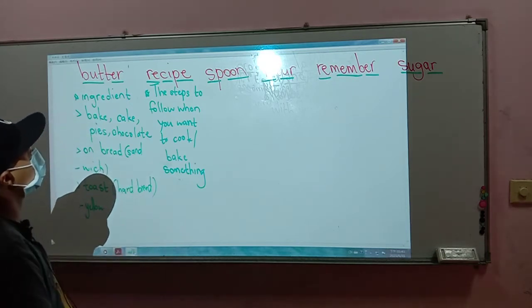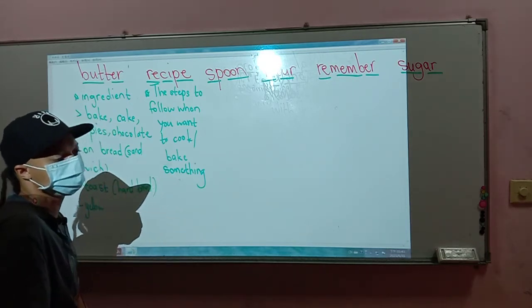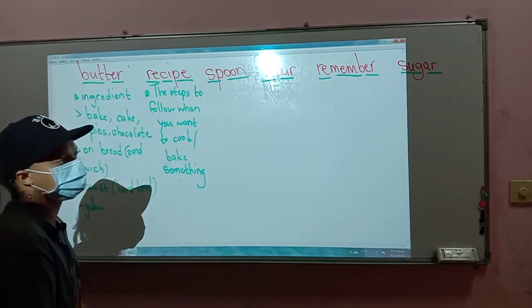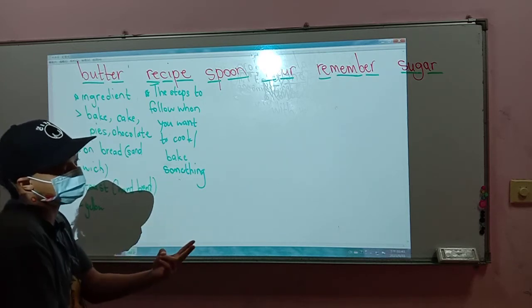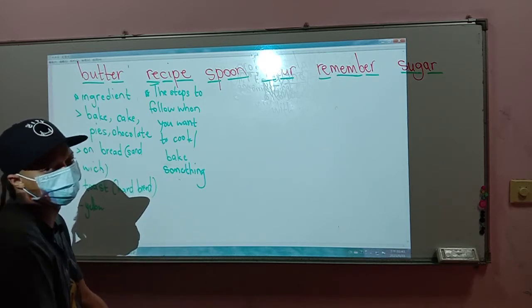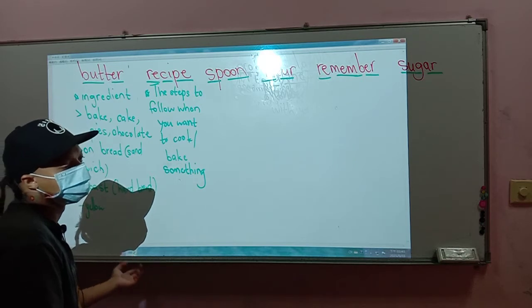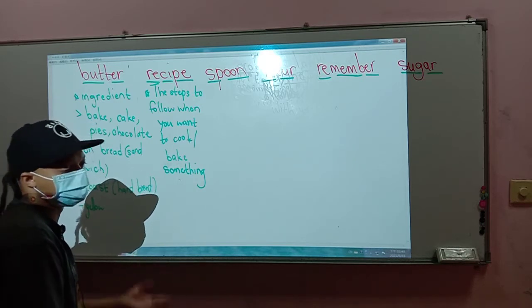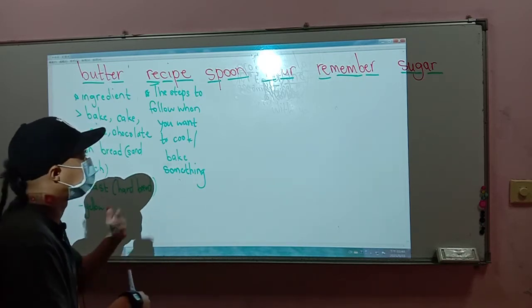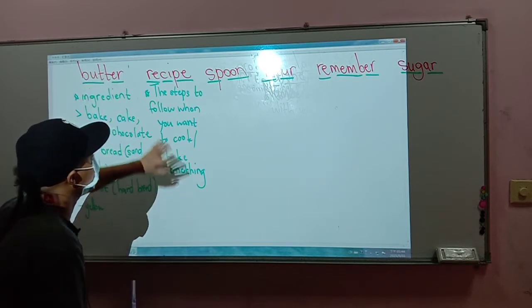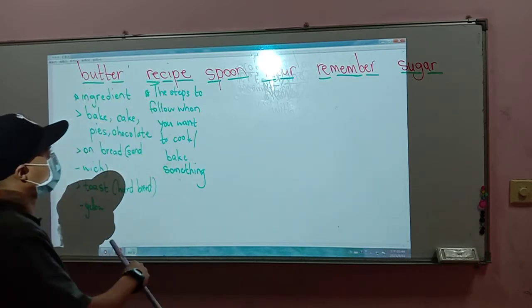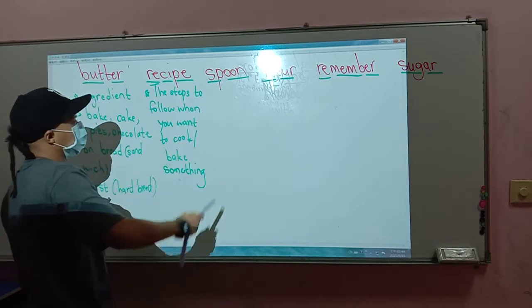Okay, so what they're saying over here, so you follow the steps. If you want to make a sandwich, you need bread, you need to add butter, you need to add tomato, you need to add perhaps meat, and then cut the bread, and then that is how you make a sandwich. That's the recipe to follow, okay? So the steps to follow when you want to cook.